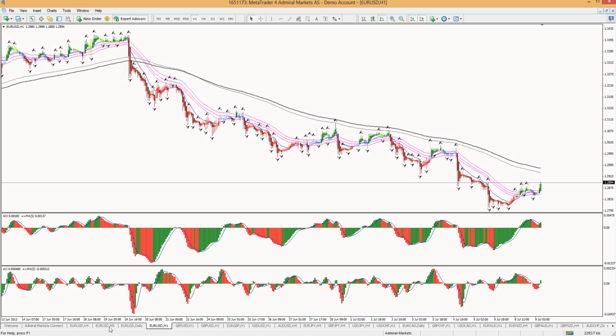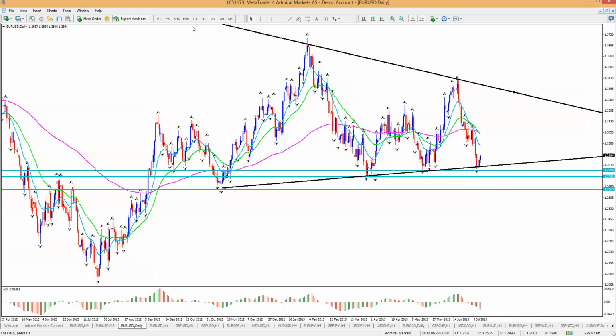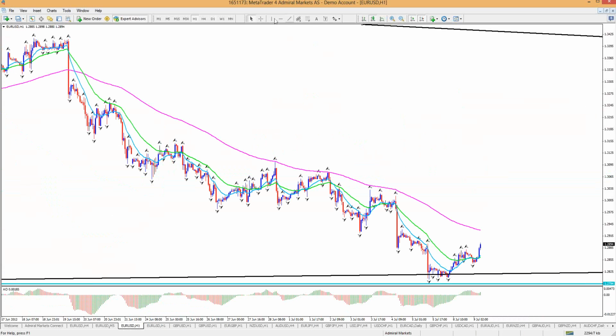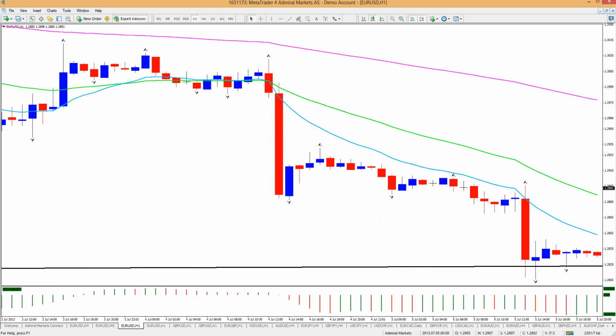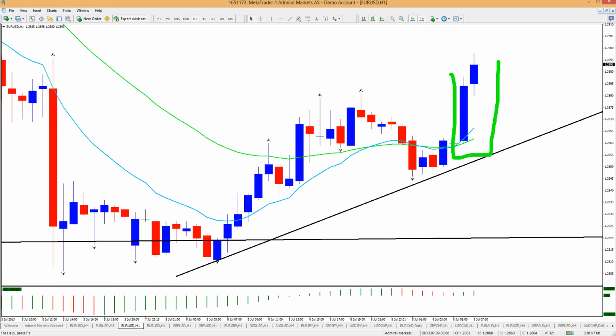All right. On the euro, let's see. Let's go to this chart. On the euro, you can see clearly, if we break below this trend line, that would be a good downside too. All right. At the moment, price is moving up. To be honest, if you look at the 1 hour chart, you can see bullish candles, right?